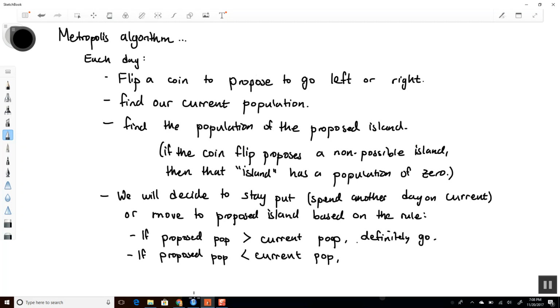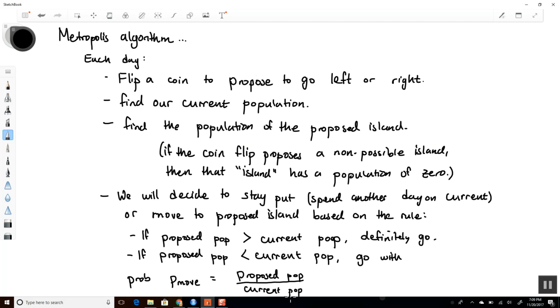Basically draw a random number from 0 to 1, using runif, and we will say go with probability, we will call this P move, equal to the proposed population divided by current population.